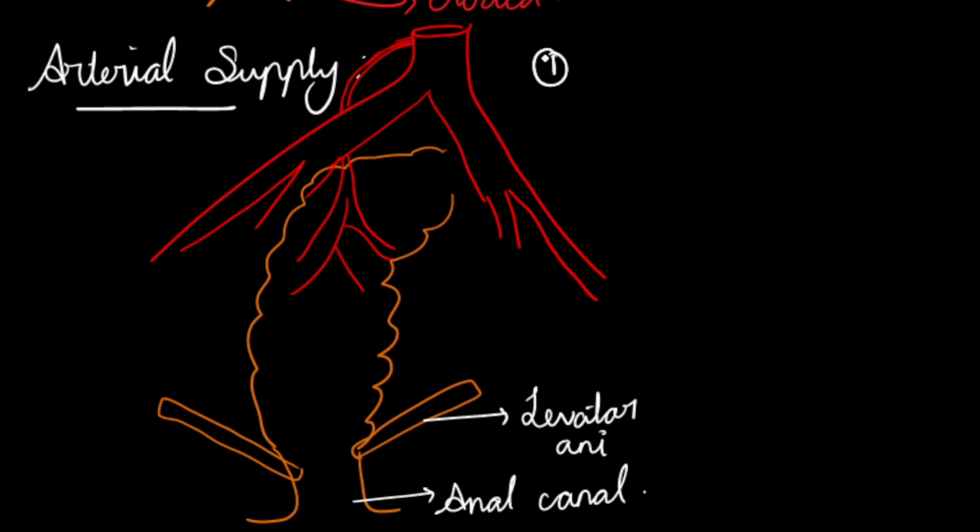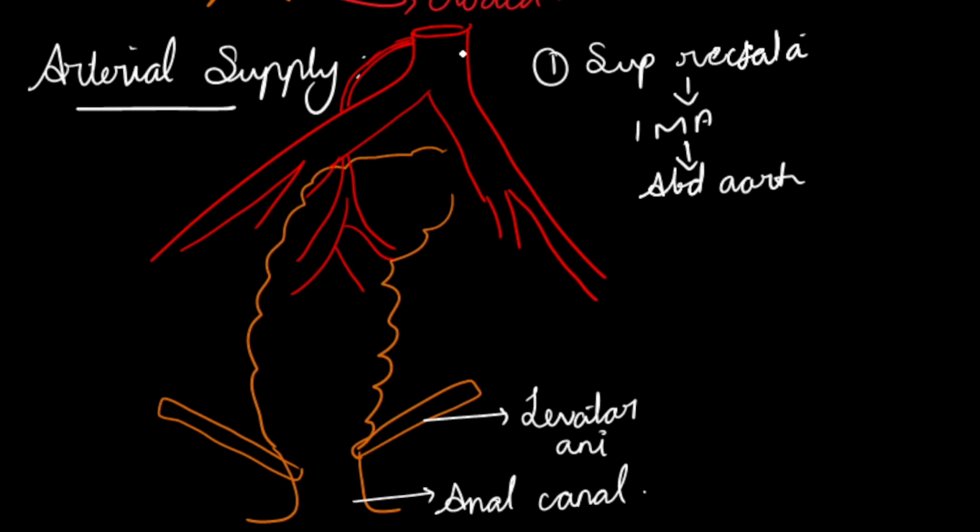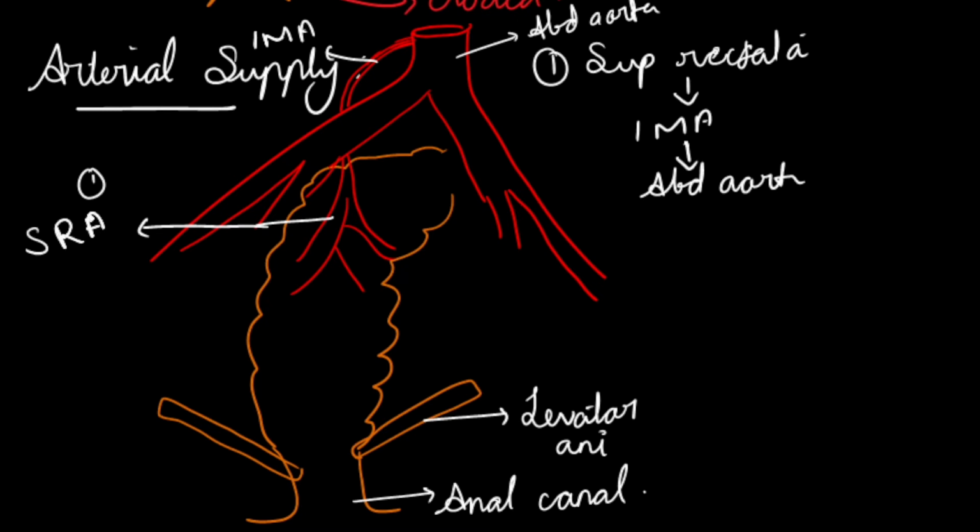So the first artery is the superior rectal artery, arising from the inferior mesenteric artery, which is a branch of the abdominal aorta. Here comes our first and major arterial supply of rectum, that is the superior rectal artery.